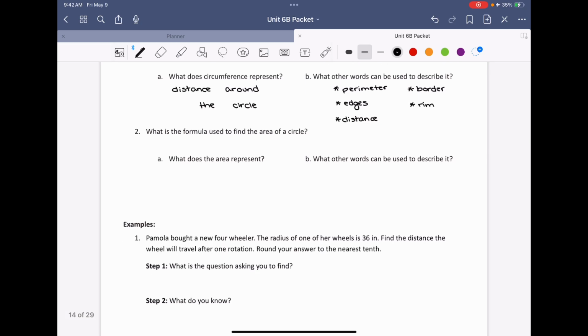Okay, so those are some of the ways that it could be showing up in a word problem. Number 2 is, what is the formula of the area of a circle? So remember, area equals pi r squared. An area represents the space inside of it.